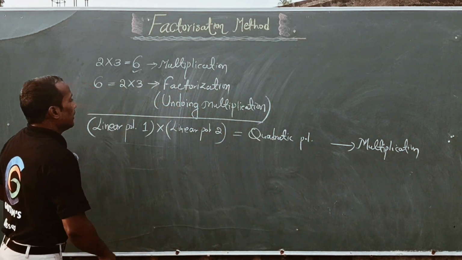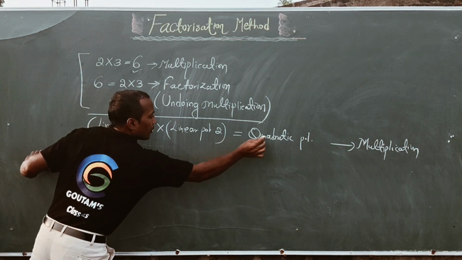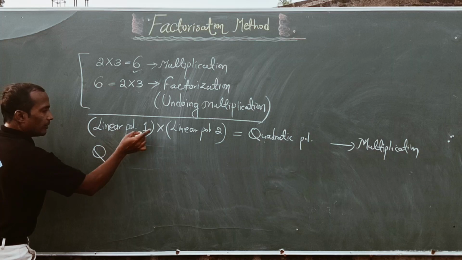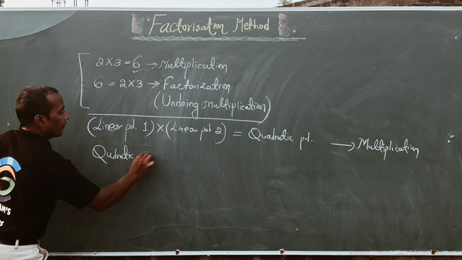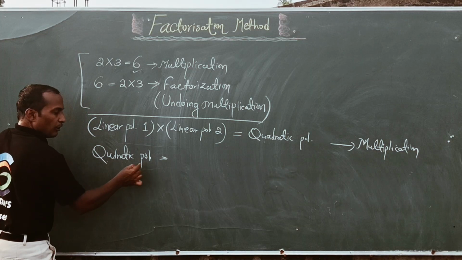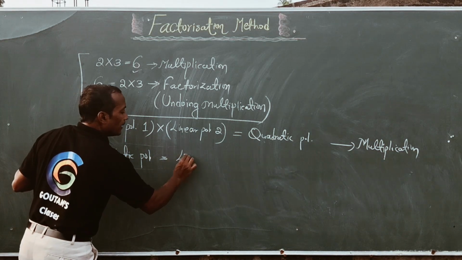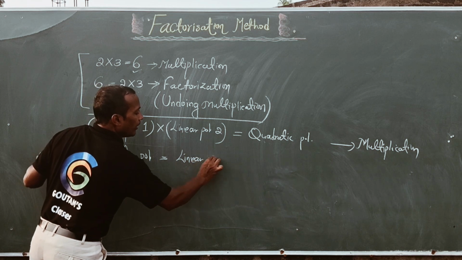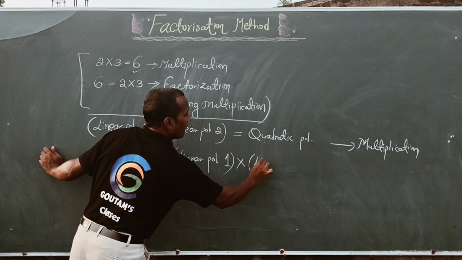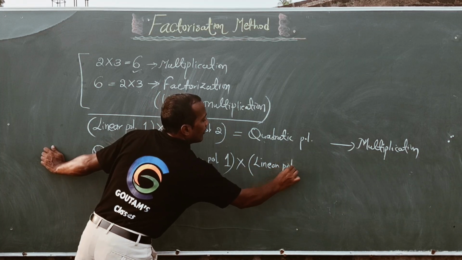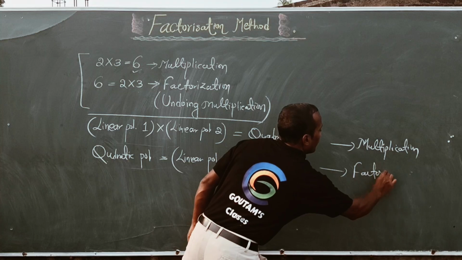Now, similar to this, if you express quadratic polynomial as a product of linear polynomial with this linear polynomial, then this step will be called as factorization. This is factorization.